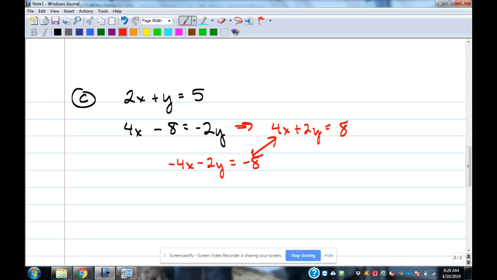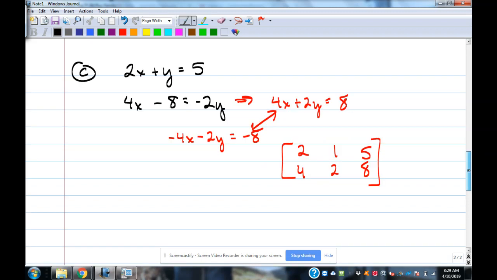So when you set up your system in a matrix, you'd have the 2, 1, 5, and if we do positive 2, 4, 8, it's going to give us the same solution as if we put negative 4, negative 2, negative 8, because no matter which way I solve that second one to get the standard form, it works.